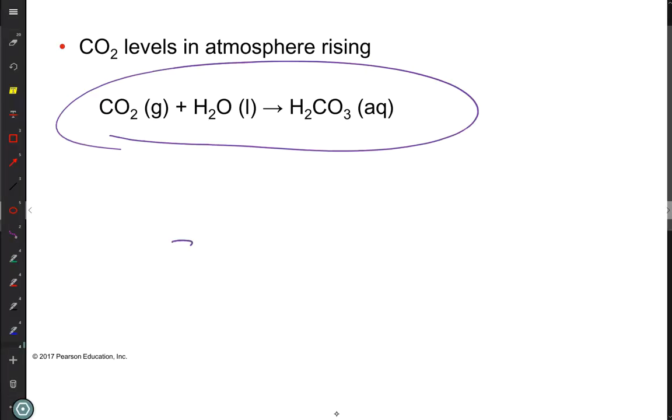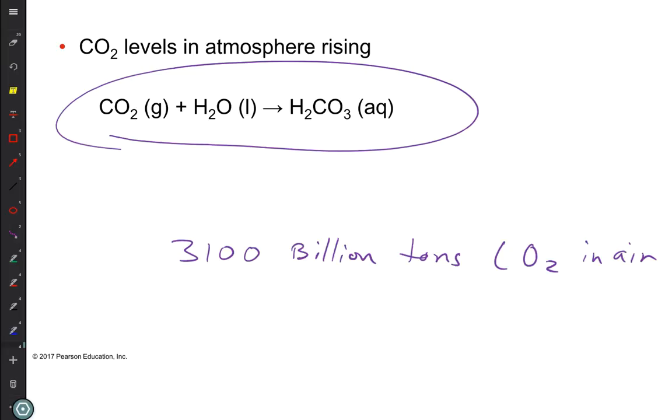Now, the textbook confused me, which I'm assuming means it confused you as well. It says that we have about 3,100 billion tons of CO2 in the air. Now, that's in the air of the entire Earth. And then it says most of that comes from natural sources like volcanoes and that kind of thing.